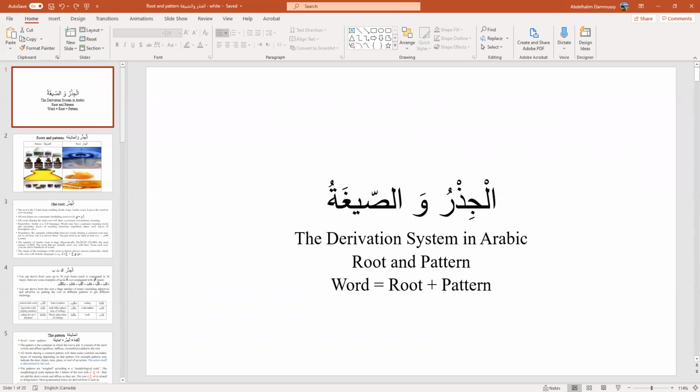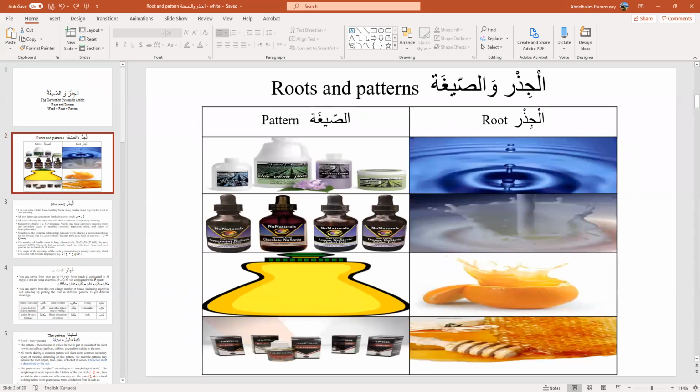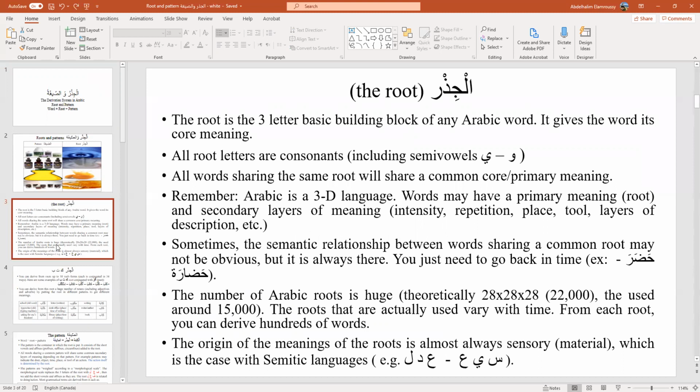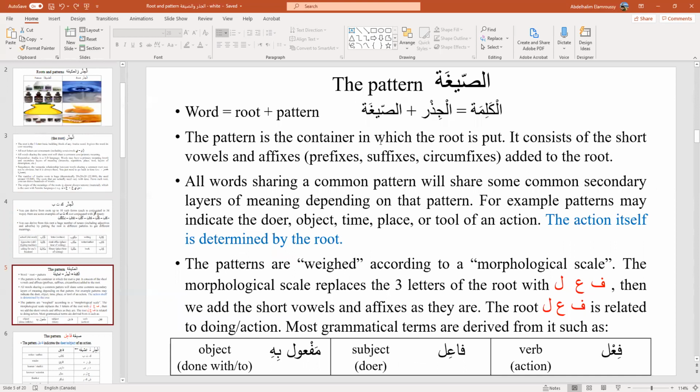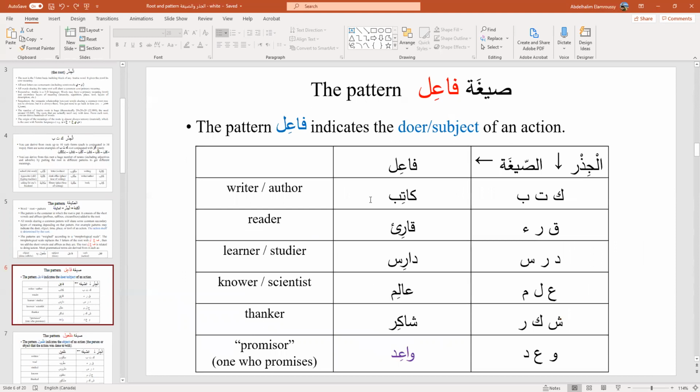So again, the root and pattern. The root is like the liquid. The pattern is like the external shape. The root is a three-letter basic building block of any Arabic word. It gives the word its core meaning. So all words sharing the root, for instance, kaf, ta, ba, will have to do with writing. The pattern is what gives the word its secondary layers of meaning. For example, the pattern fa'il indicates the doer of the action.